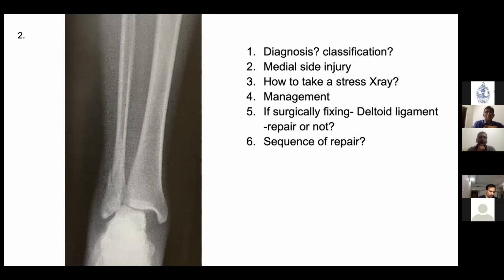Pronation external rotation injury. Is it supination or pronation? Supination external rotation. Yes. By looking at the AP view alone, how can you say it is supination external rotation rather than a pronation external rotation injury? Sir, the fibular fracture is oblique at the level of the syndesmosis.